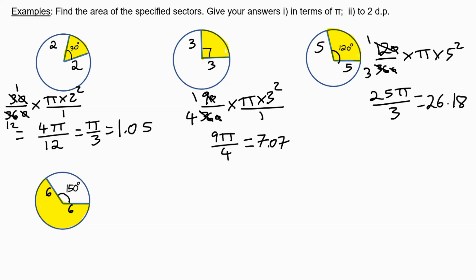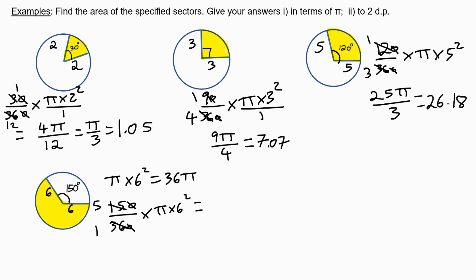The last one, we want to work out the area of the major sector. So what we could do is either, as before, work out the area of the full circle. So that's going to be pi times 6 squared, which is 36 pi. Then work out the area of the minor sector. So 150 over 360 times pi times 6 squared, which we can work out, 5 over 12.